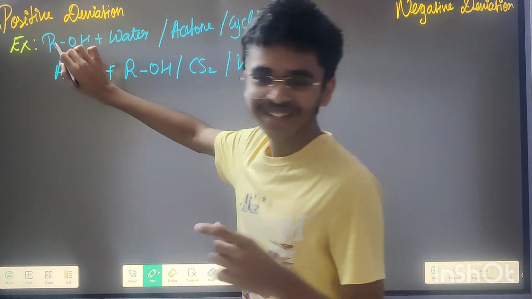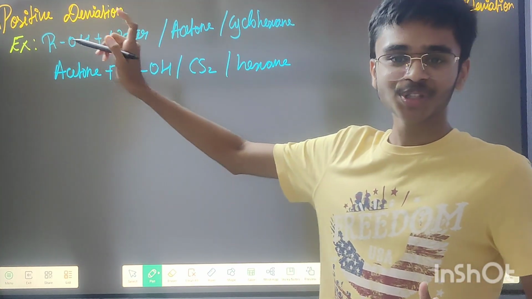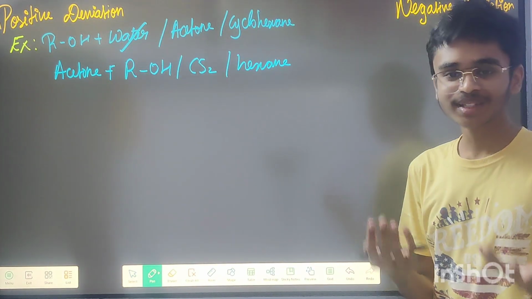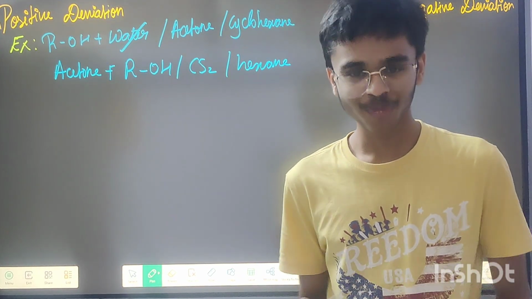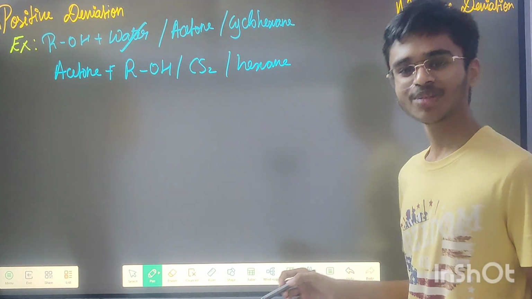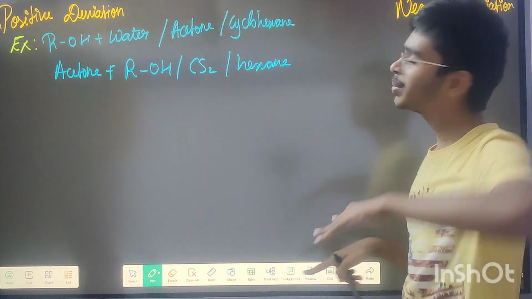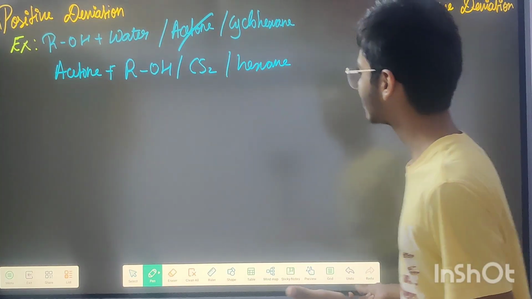So when you are adding alcohol with water, it is going to show positive deviation. And in water, what will be there? The sea is made up of water, and in the sea, you will be having cyclones. So there will be an agitation, which is acetone. So you can remember it like this.